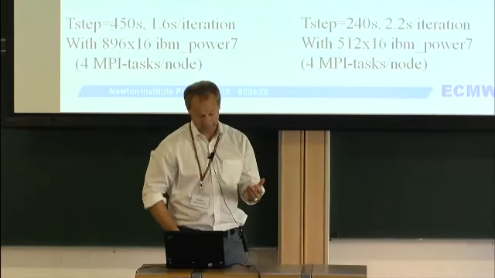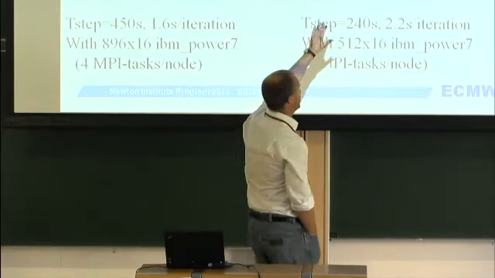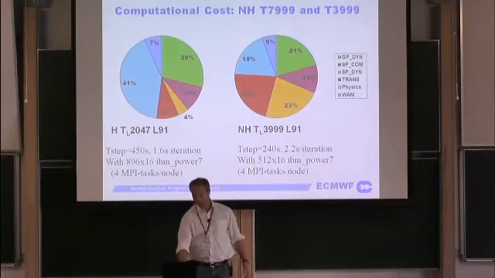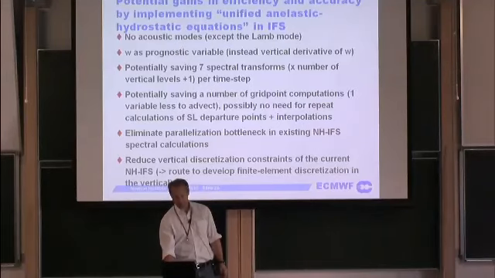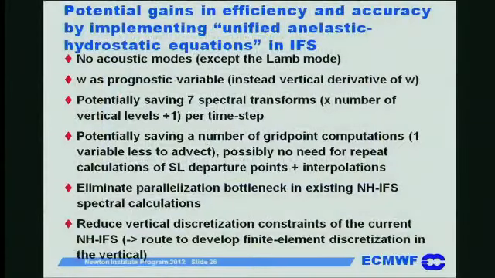So this anelastic system would give us this extra benefit of reducing this back to the hydrostatic system. So these are specific gains that I believe could be very beneficial in pursuing this route further. You remove these acoustic modes, you have W as a prognostic variable. I said potentially saving 7 spectral transforms, +1 in fact, per time step, because I don't have to do everything twice anymore.